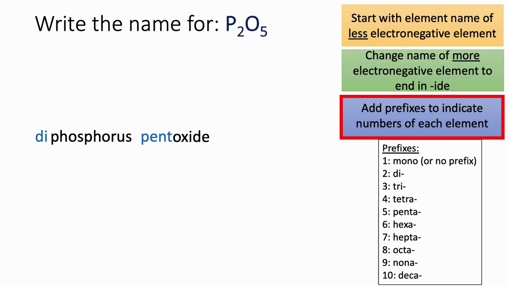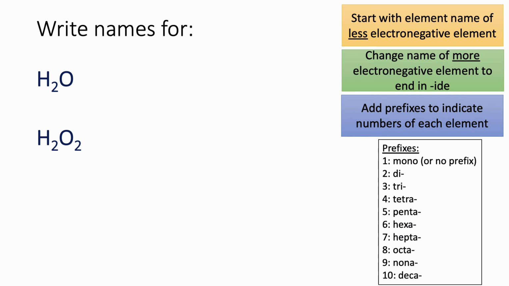Now, why would we need prefixes? Well, the thing about covalent compounds is, unlike ionic compounds, you can't predict how many of each element you have. So, for example, if water was just an ionic compound, we would say oxygen has a -2 charge and hydrogen has a +1 charge, so we need 2 hydrogens.